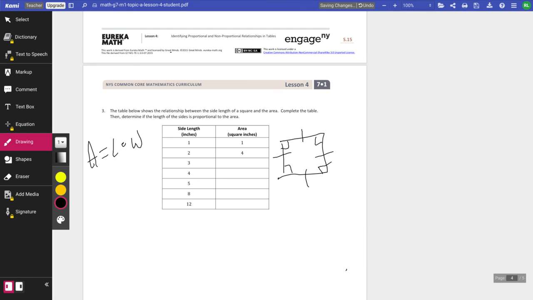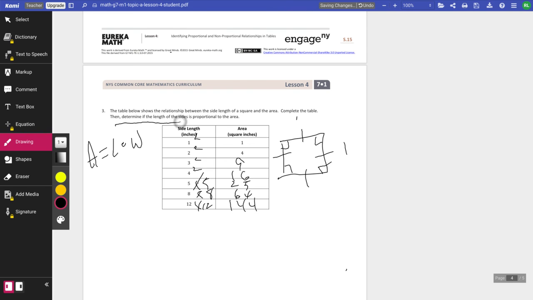So all I've got to do is plug these in. 1 squared is 1, 2 squared is 4, 3 squared is 9, 4 squared is 16. So it's 4 times 4, 5 times 5, 8 times 8, and 12 times 12 is, you got it? Yep, 144.